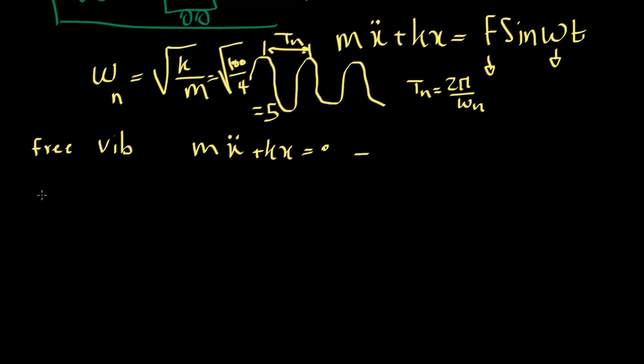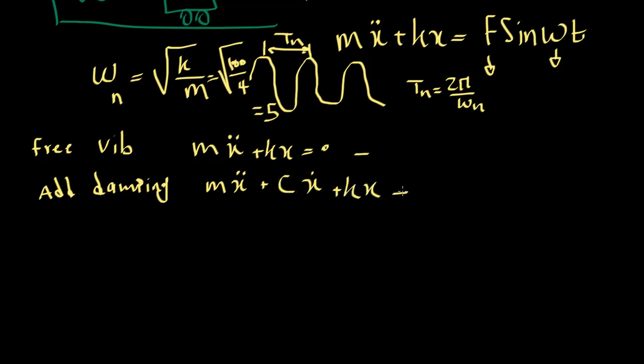If you add damping, you get m x double dot plus c x dot plus k x equal to 0. The next step is to add the forcing.